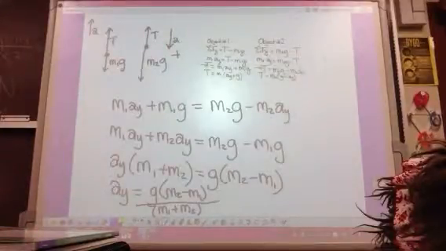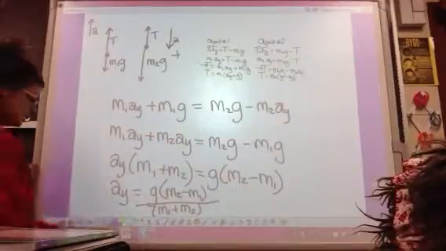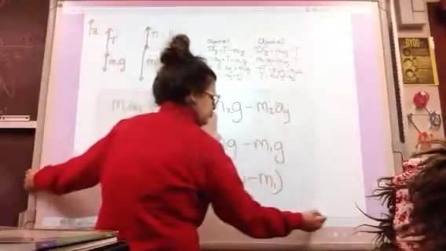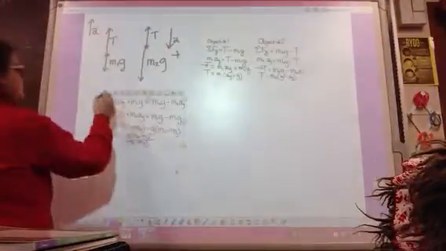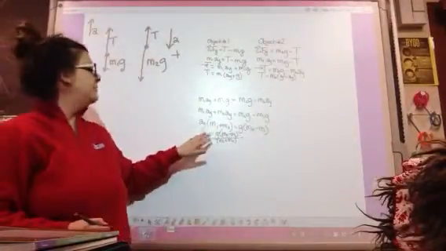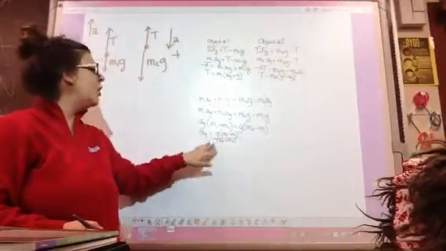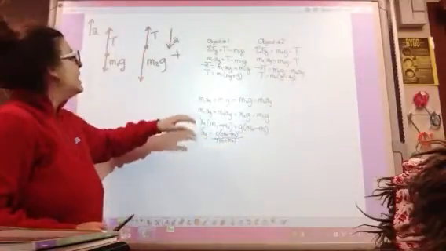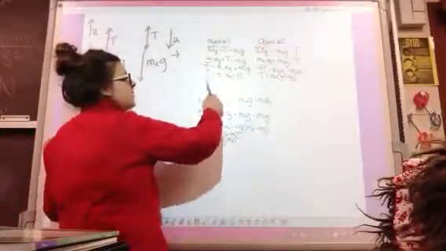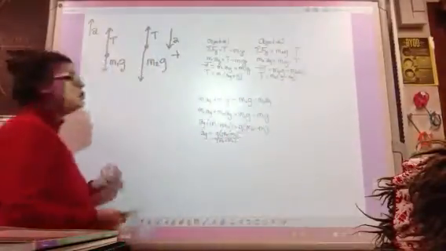But they also want me to show that I could find the tension. I know acceleration, we just found that: g times m2 minus m1 over m1 plus m2. I have two different expressions for tension, but this one is only thinking about m1, and this one is only thinking about m2.